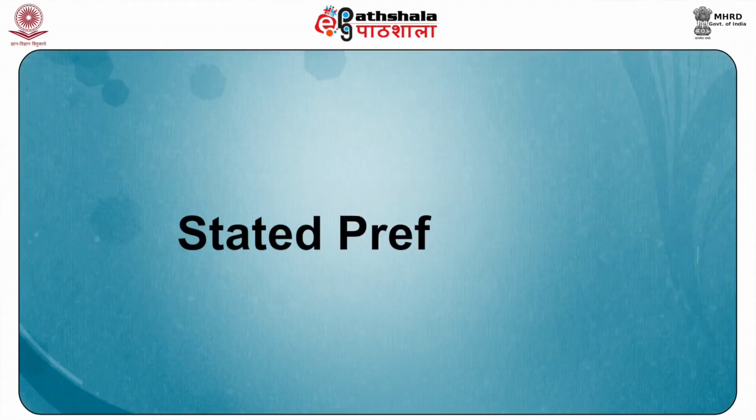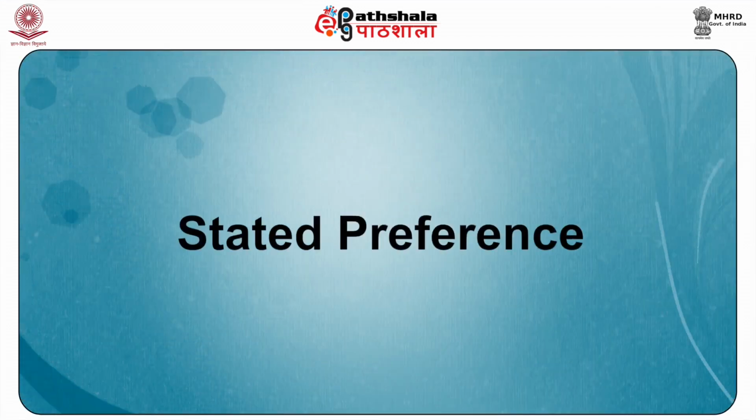Next is the stated preference approach. This method involves asking people about the trade-off between money and environmental goods if they were given a chance to do this. There are various methods used in order to take account of this trade-off. Opinion polls and surveys are used to obtain this information.